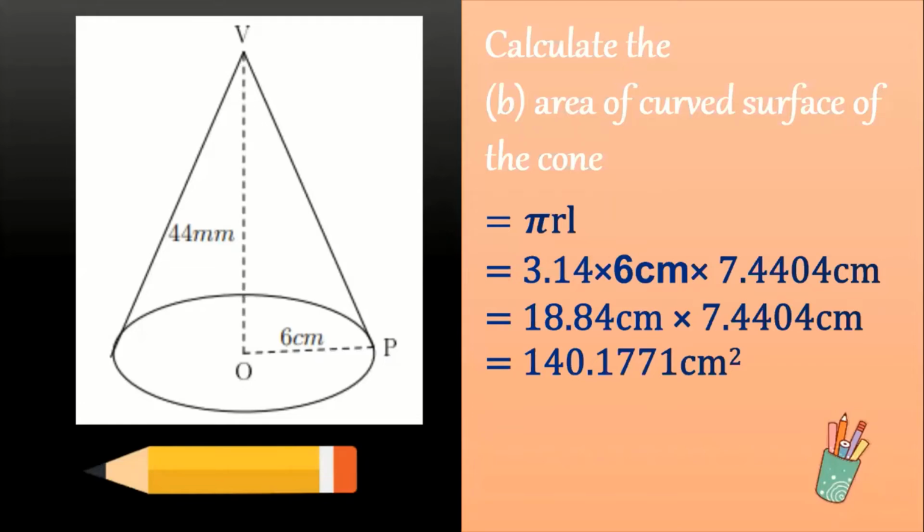When I multiplied 3.14 and 6 centimeters, I got 18.84 centimeters. I multiplied the 18.84 centimeters with 7.4404 centimeters, and that gave me 140.1771 centimeters squared. Is that clear?